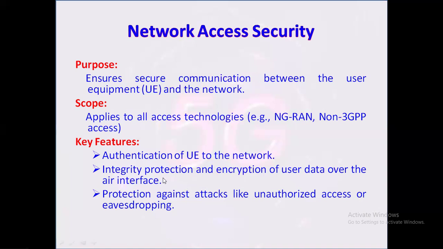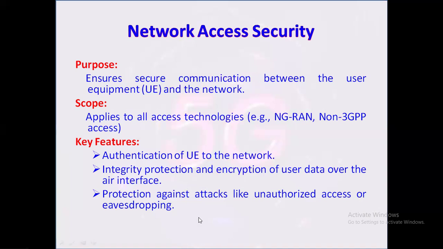Next, integrity protection and encryption of user data over the air interface. 5G security frameworks implement encryption and integrity protection for data as it travels over the air interface between the user equipment and the network. This prevents data tampering and ensures that transmitted data cannot be intercepted or altered by malicious actors, thereby upholding both data privacy and reliability.